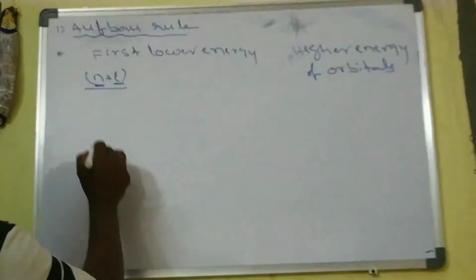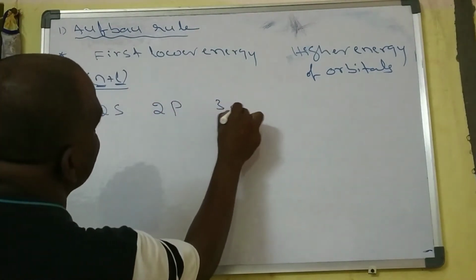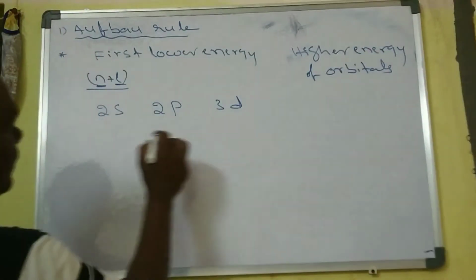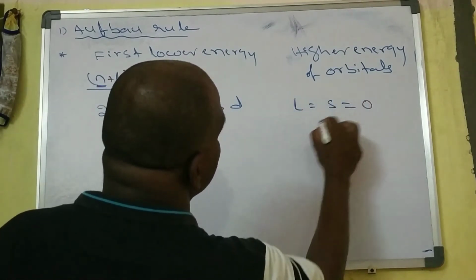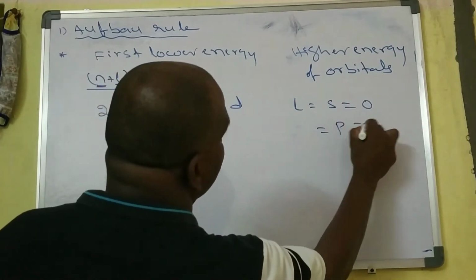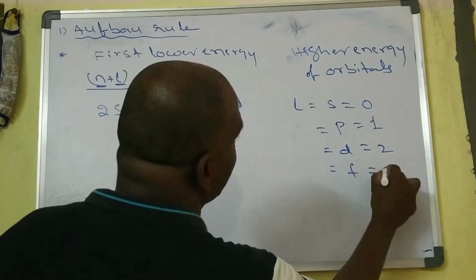Suppose we take the 2s orbital, 2p orbital and 3d orbital. Already explained, the L value for s orbital is 0, for p orbital is 1, for d orbital is 2, for f orbital is 3.